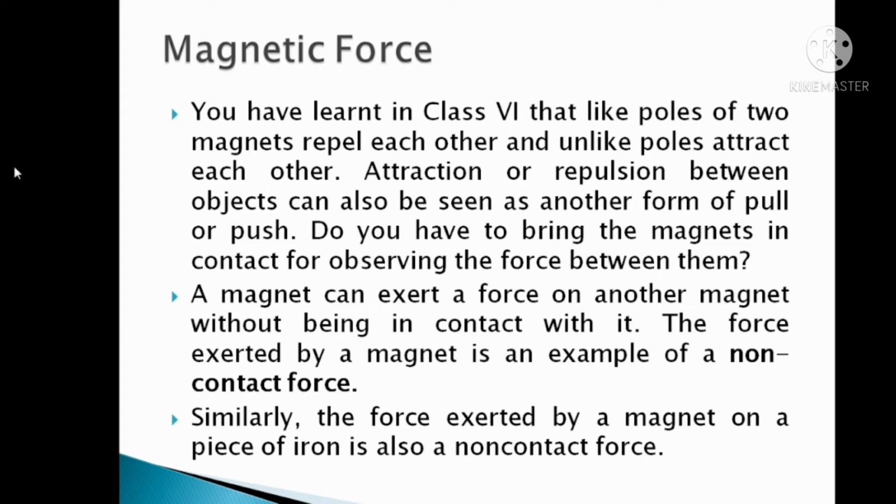Similarly, the force exerted by the magnet on a piece of iron is also a non-contact force. That means for a magnet, no physical contact is required between the magnet and any kind of object to push or pull them. And that's why it is called non-contact force.